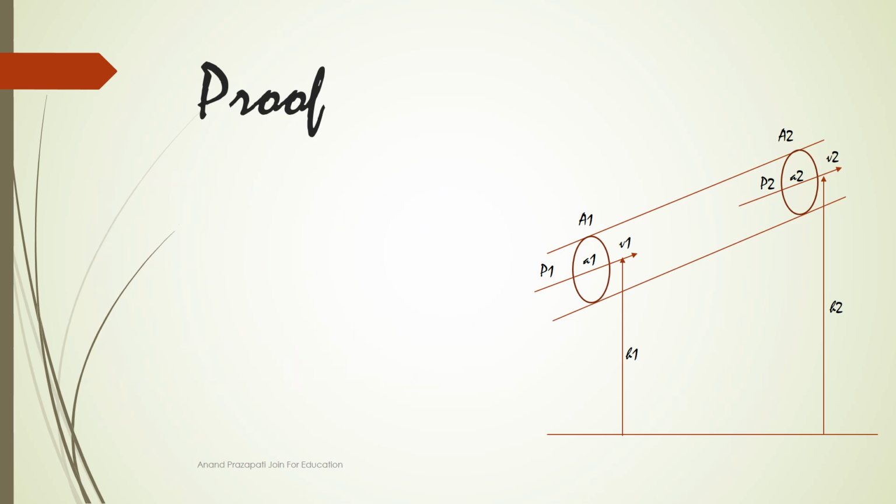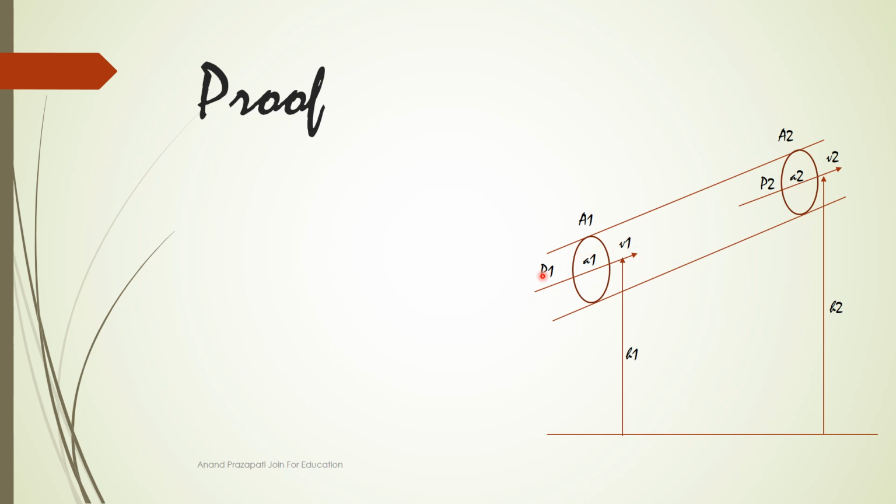Let's consider the work done at A1 and the work done at A2. So we know that pressure equals force per unit area, it means force by area. When F by A is multiplied by cross section area A1, we cancel out A1, then we get force, and this force is multiplied by velocity of the liquid, which means displacement by time.